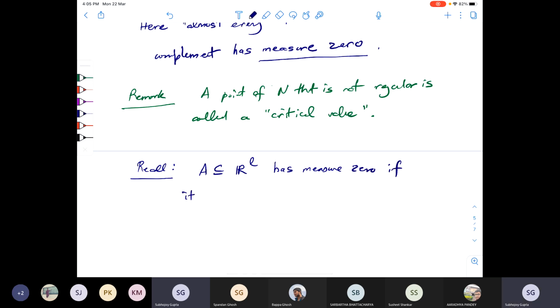So that has measure 0 if it can be covered, and one way to define it is covered with boxes, right? Parallelepipeds, if you want. So a countable number of, let me call it, rectangular boxes.